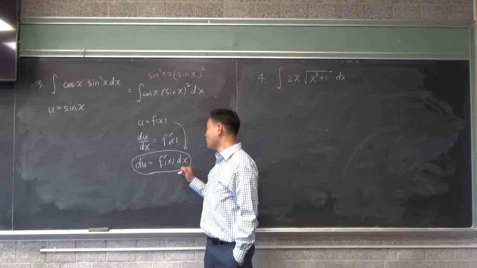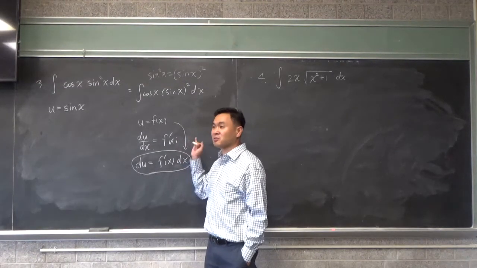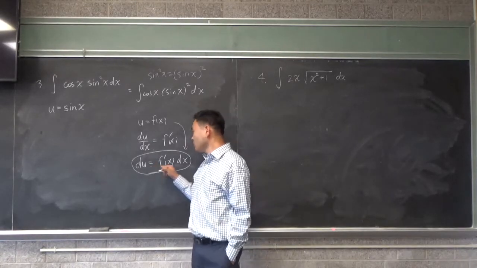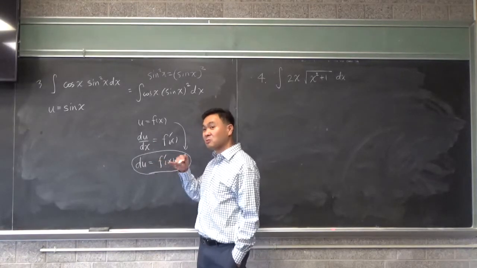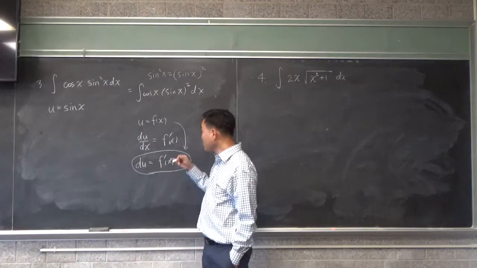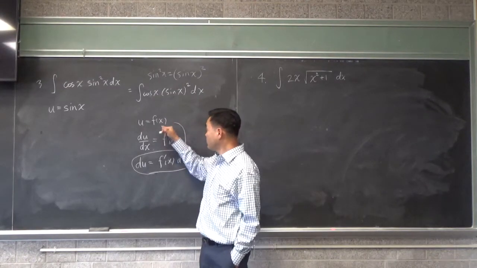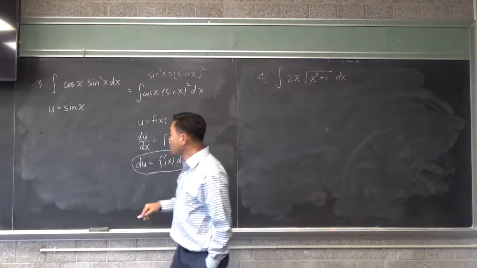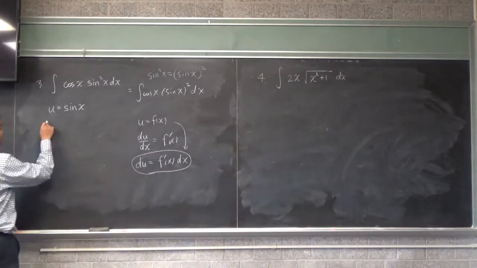And it actually helps you to understand some other things later on. So there's something called integration by parts, where we have to do some calculations similar to this one. So it's good to train your mind to go from here to there straight away. Okay? So if we do that, what is du?